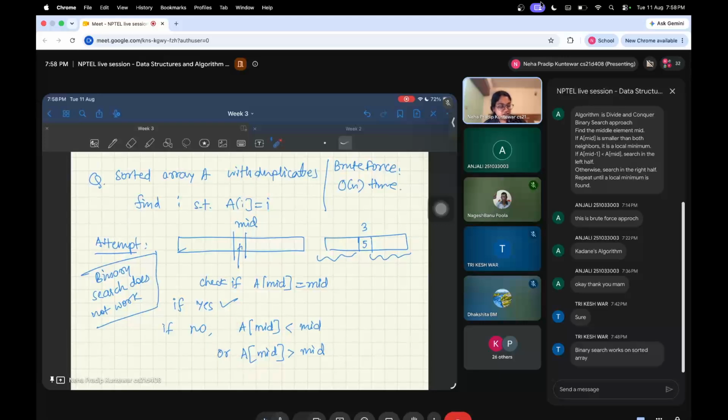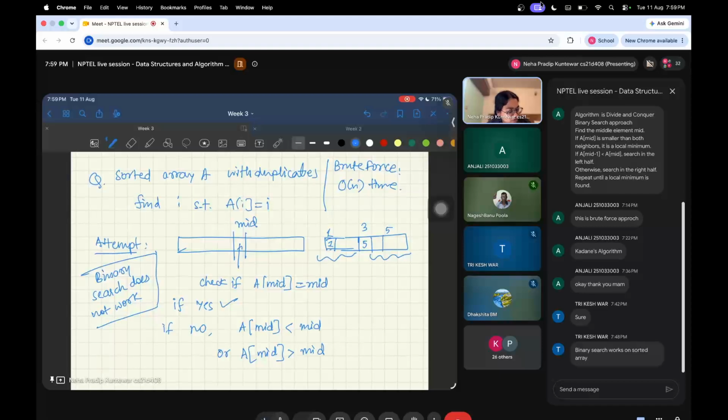Let's say in this case the value here is larger than the index. That does not mean that something like this cannot exist, right? That can still happen.